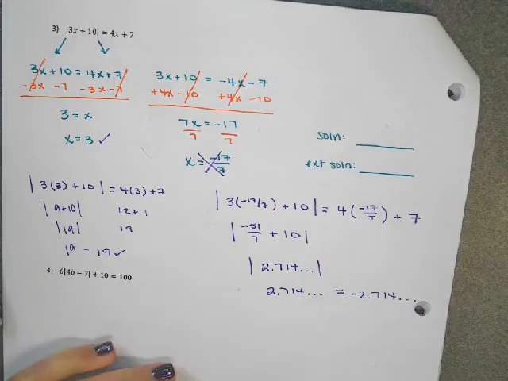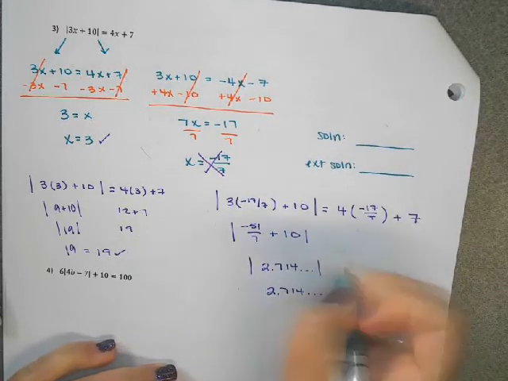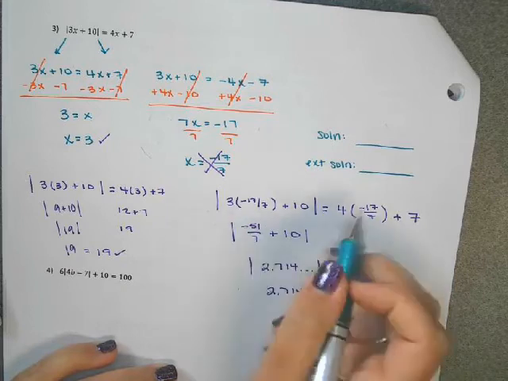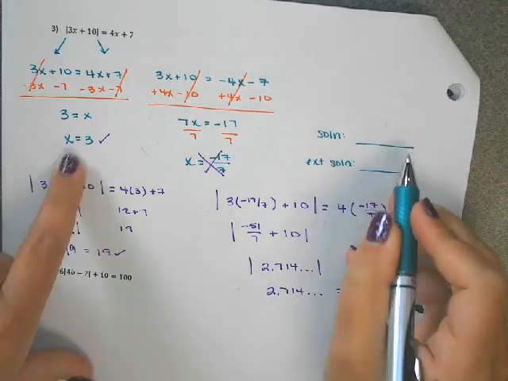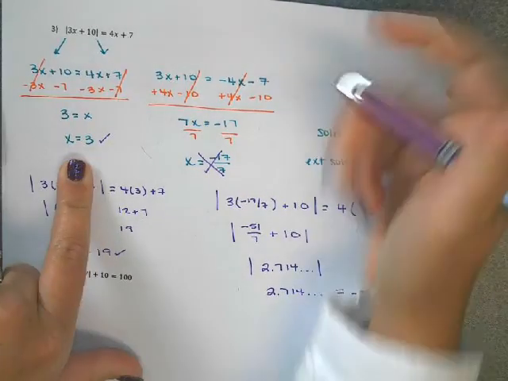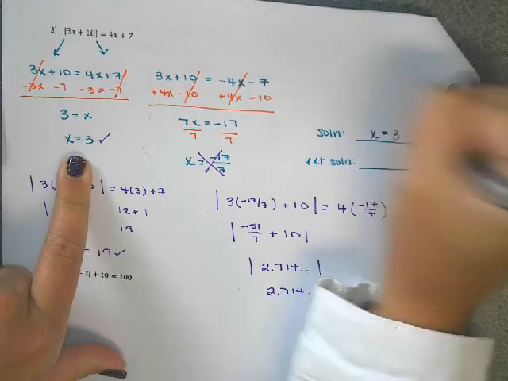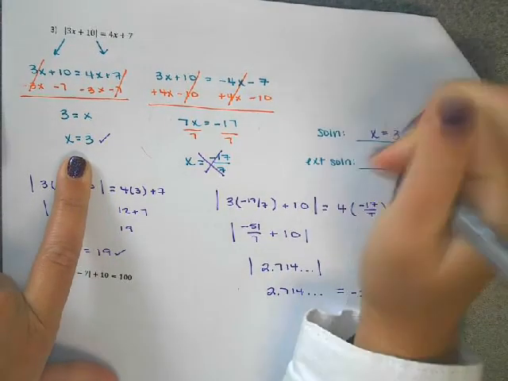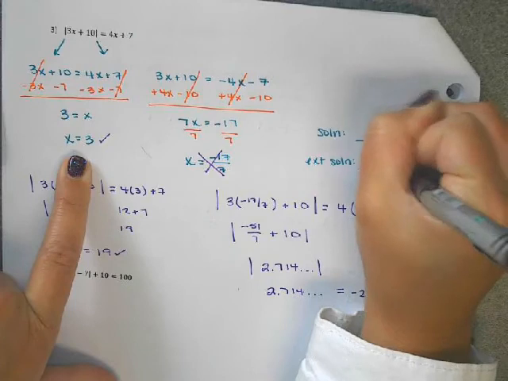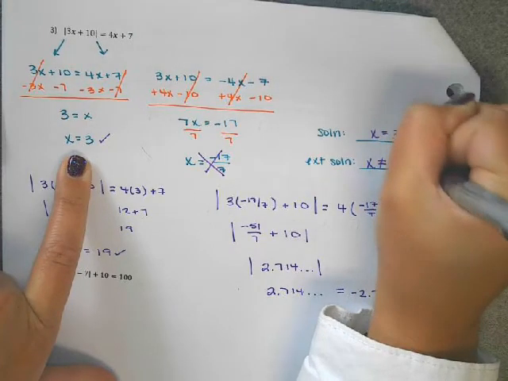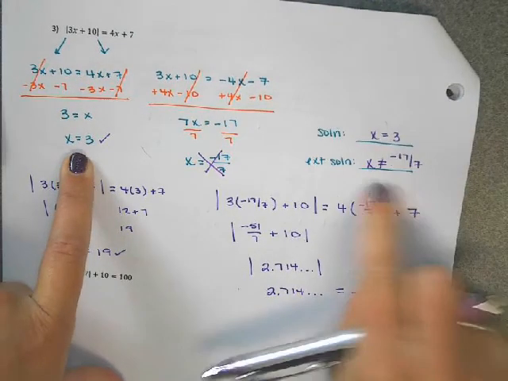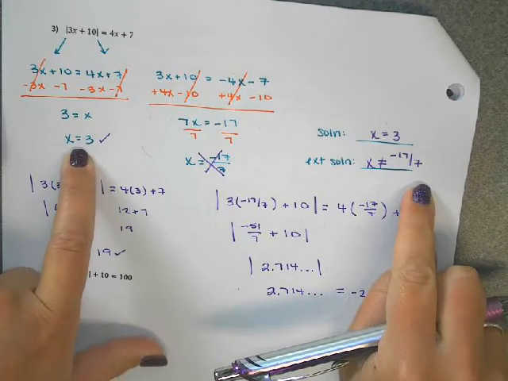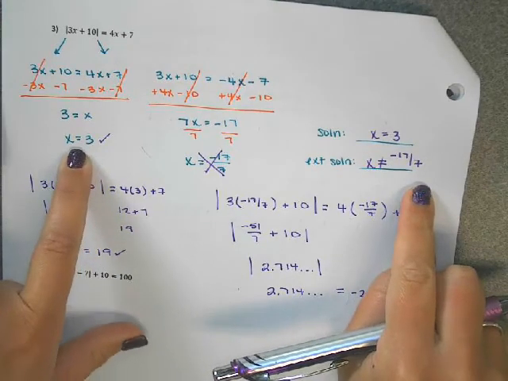Okay, if something is an extraneous solution, that does not make it a solution. So do not write it up here. So in this case, what I would write is x equals 3 is a solution, and for my extraneous solution, I would just write x cannot be negative 17 over 7. It means I found this to be a solution, but it turned out it wasn't a solution. Does that make sense?